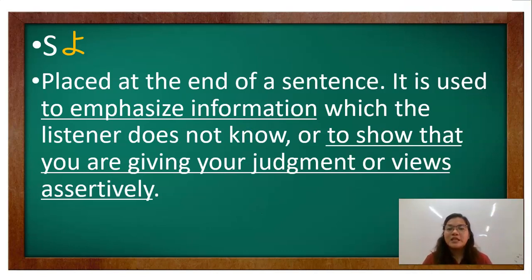Placed at the end of a sentence, it is used to emphasize information which shows the listener does not know, or to show that you are giving your judgment or views assertively. Okay, so nilalagay si yo at the last part of the sentence if you want to give emphasis about the information that you want to talk about, or you give your judgment or views assertively to a person or to your listener.